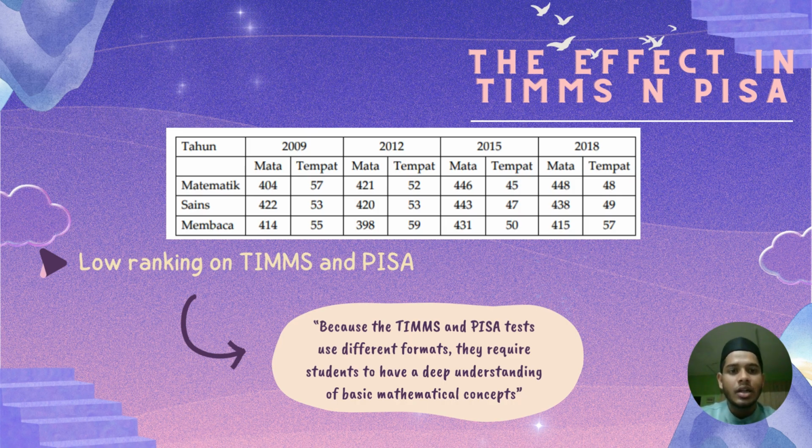So we can see that other countries exceeded our ranking in 2018 compared to 2015. So what we can conclude is our students are weak in basic mathematics concepts, which is affecting our TIMSS and PISA ranking and achievement.